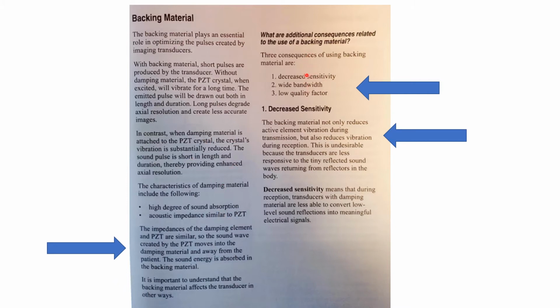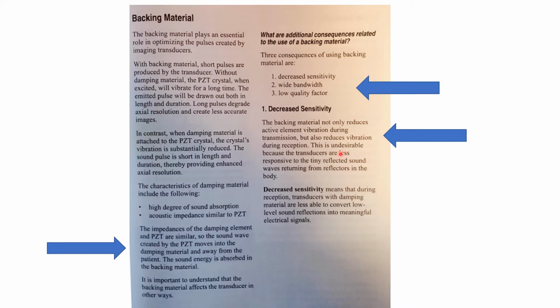Let's talk about the consequences of decreased sensitivity. The backing material not only reduces active element vibration during transmission, but also reduces vibration during reception. This is an undesirable characteristic because transducers are less responsive to tiny reflected sounds.